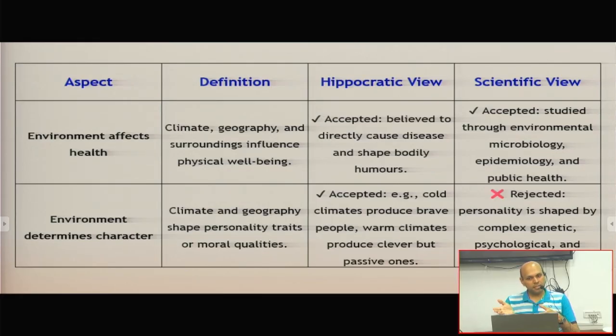The scientific view is accepted, studied through environmental microbiology, epidemiology, and public health. Okay, the second one, environment determines character, is wrong, incorrect. You know that climate and geography shape personality traits, no. Moral qualities, no. Okay, so it is rejected. Personality is shaped by complex genetic, psychological, and social factors.